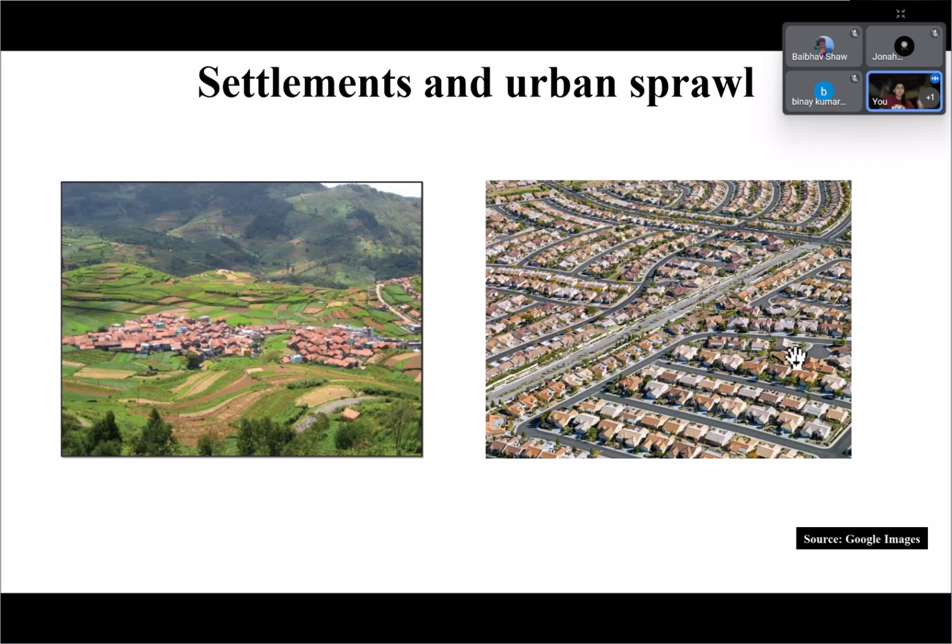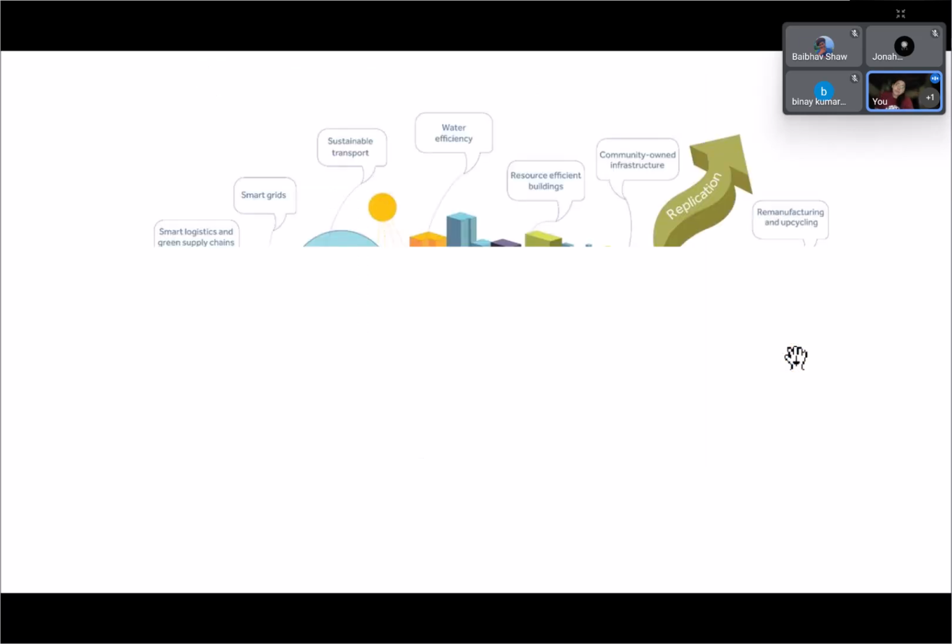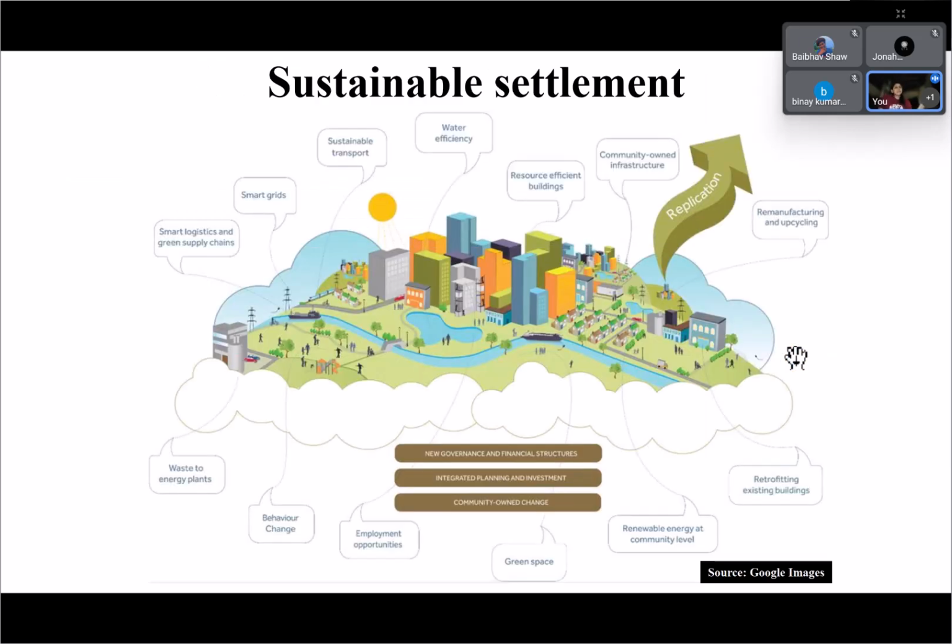So all the problems have now been highlighted, and when we looked into trade, the solution to that problem is to make conscious efforts and to understand which one is the eco-friendly and sustainable way. When we looked into the first one, which is transport, we have already looked into the mitigation way. Now let's look into the mitigation of settlements, and that's the sustainable development model or sustainable settlement model.